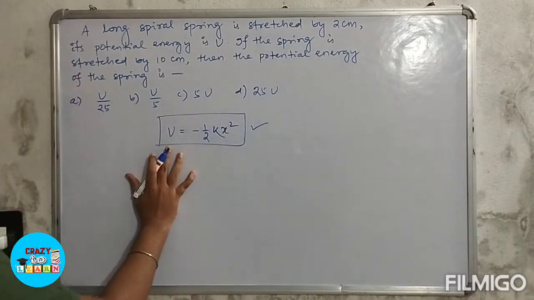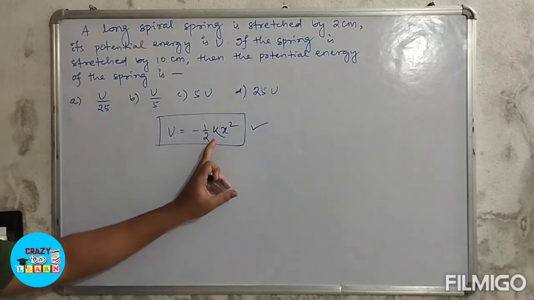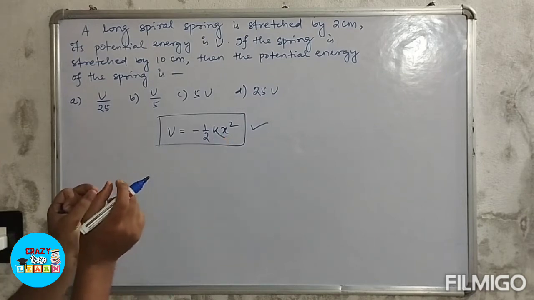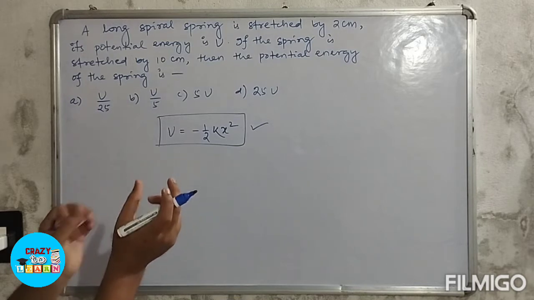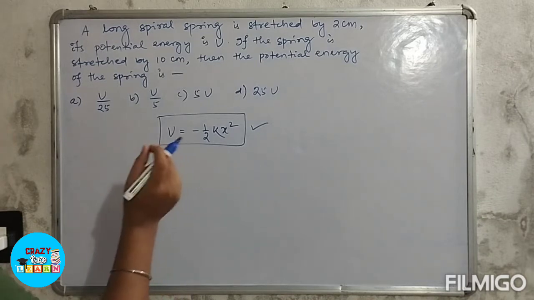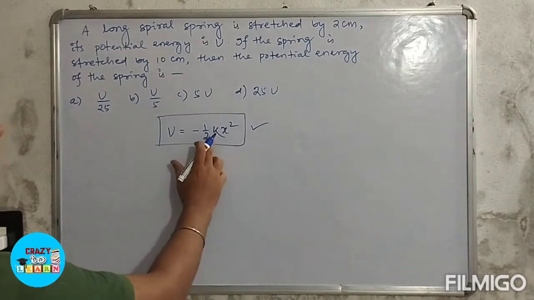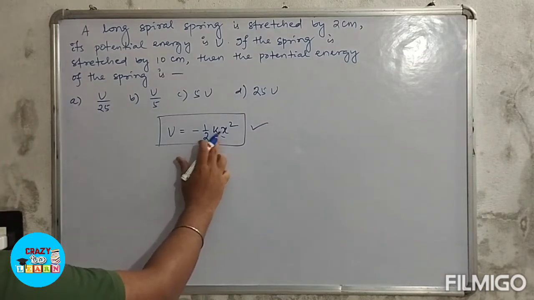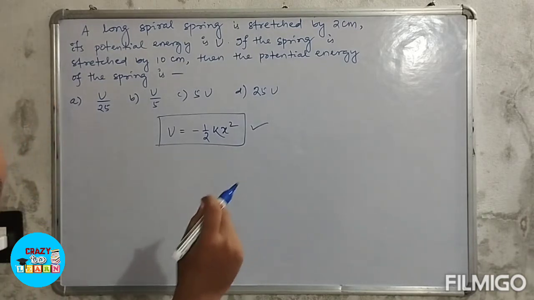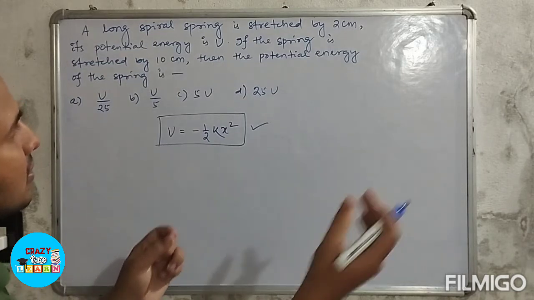Where K is the spring constant and x is the change in length we get due to the stretching.